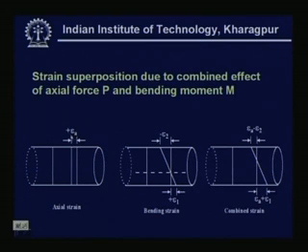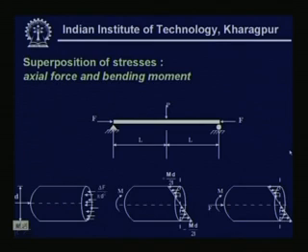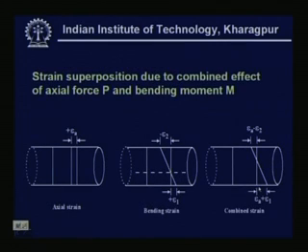Epsilon A minus epsilon 2, and epsilon A plus epsilon 2. So, you can see the distribution of this particular bending strain and axial strain combined together.